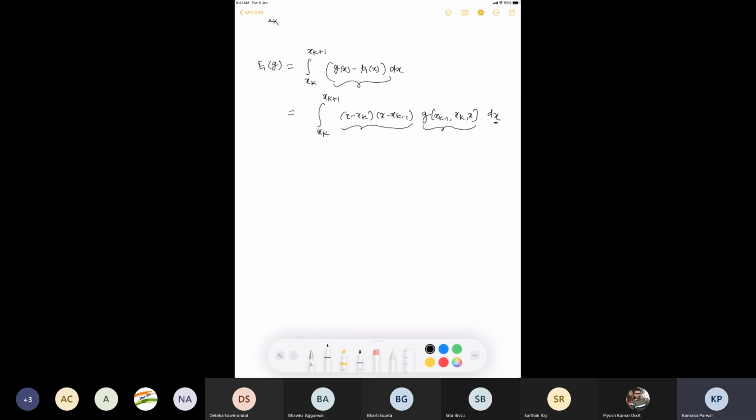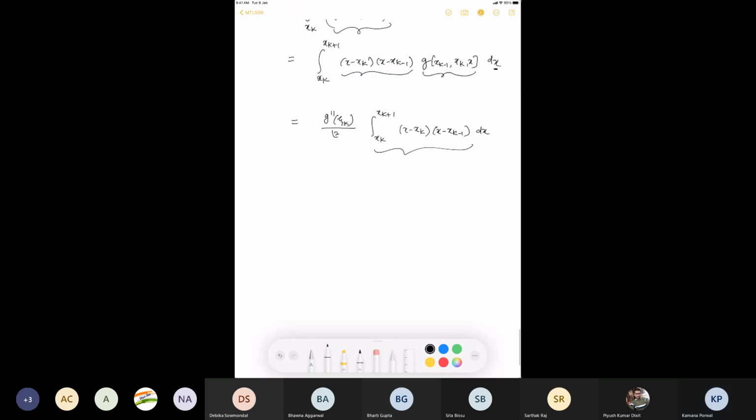So this will be g double prime at some xi k divided by factorial 2, times the integration from xk to xk+1 of (x minus xk)(x minus xk-1) dx, and you can integrate this quantity.